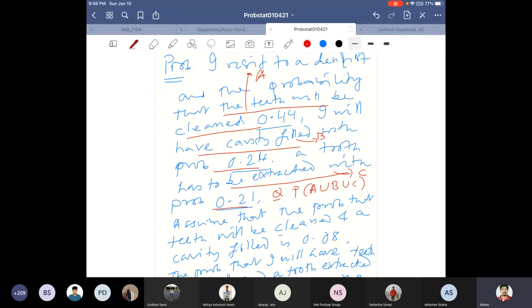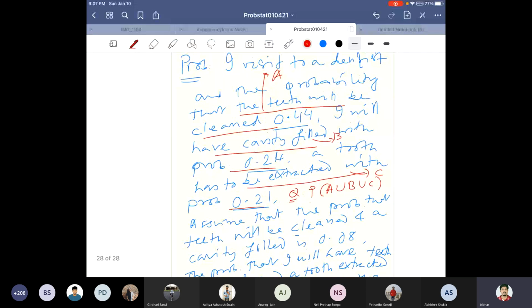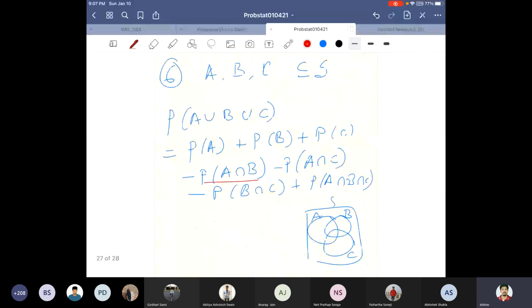That means I'm looking at the probability that at least one of these things will be done. So now I would like to use the formula, and for that I need the values of the probabilities. If we just go back, you see the formula. So these values must be supplied somehow to me.